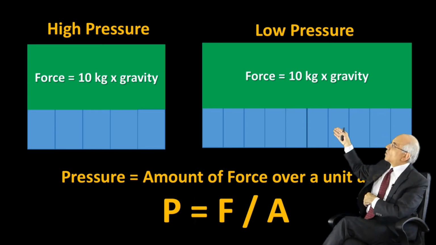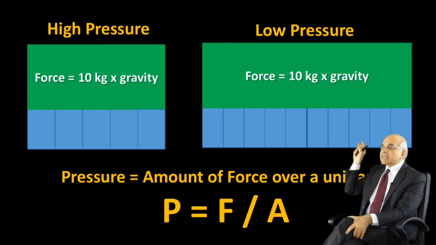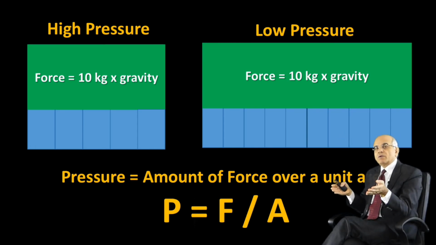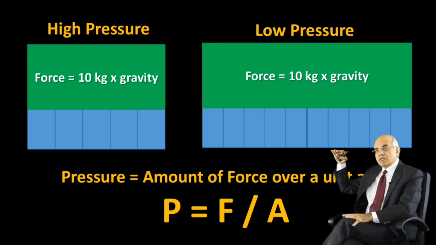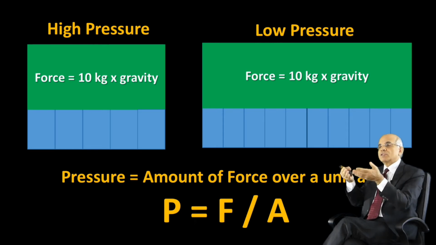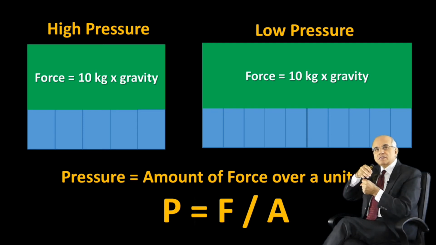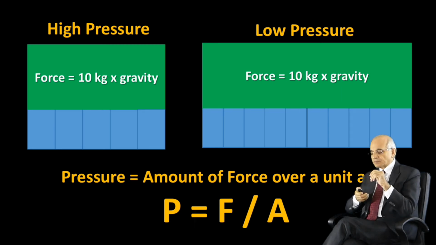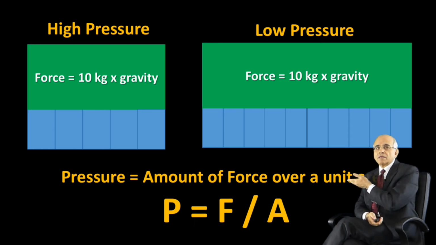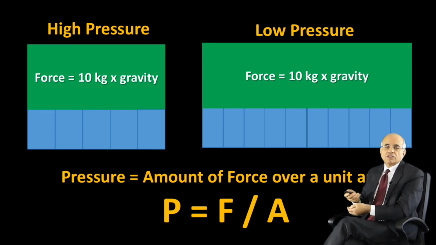But if you take that same force and put it over an area that is a lot bigger, double, 10 square meters, then that same force is distributed among 10 square meters instead of 5. So it will be half of the pressure that you get when you have that same force over an area of 5 square meters. So pressure is the amount of force against a certain unit area. Again, as you can see, we're using distance, mass, and time to measure pressure.